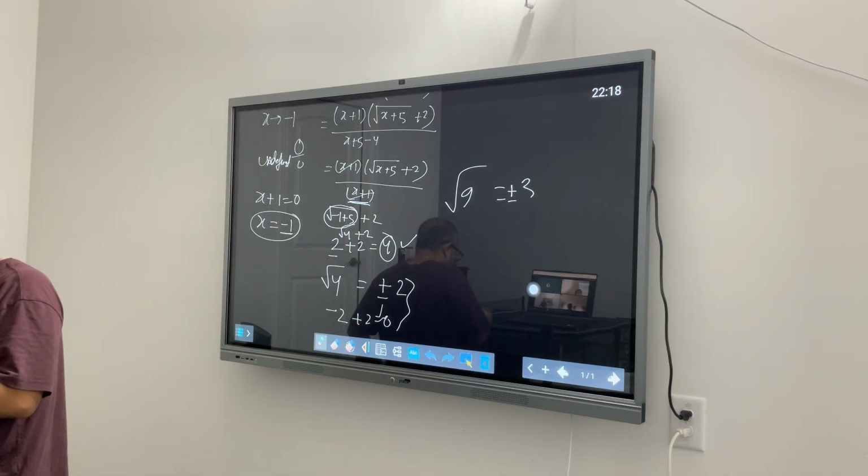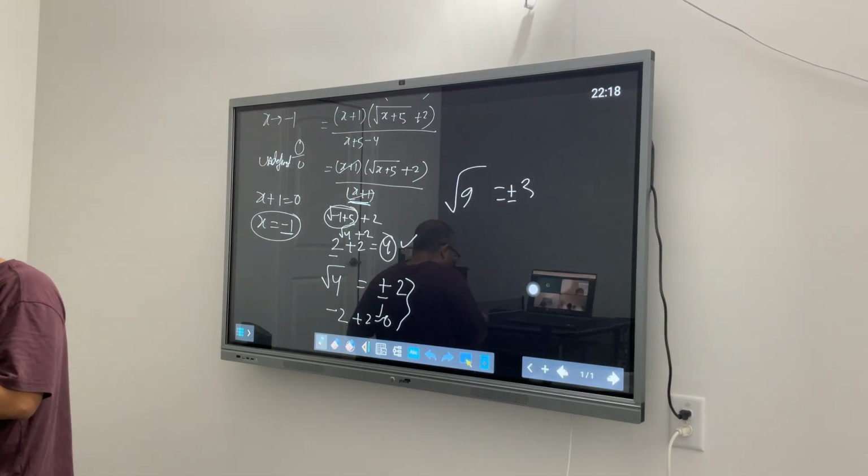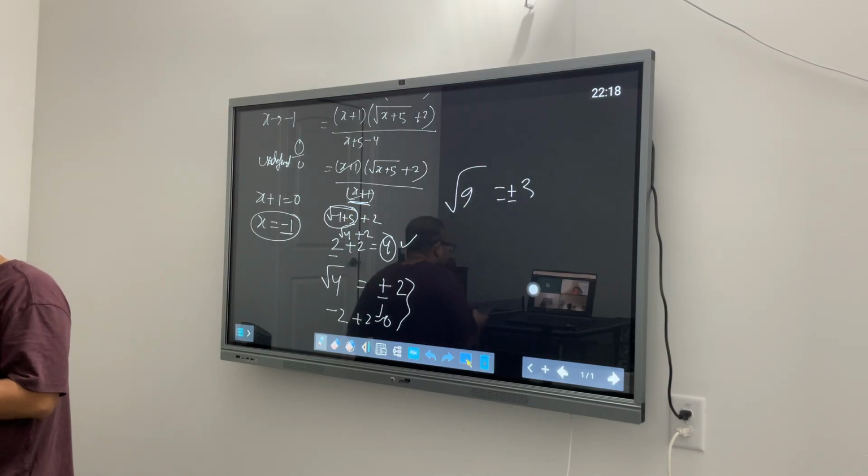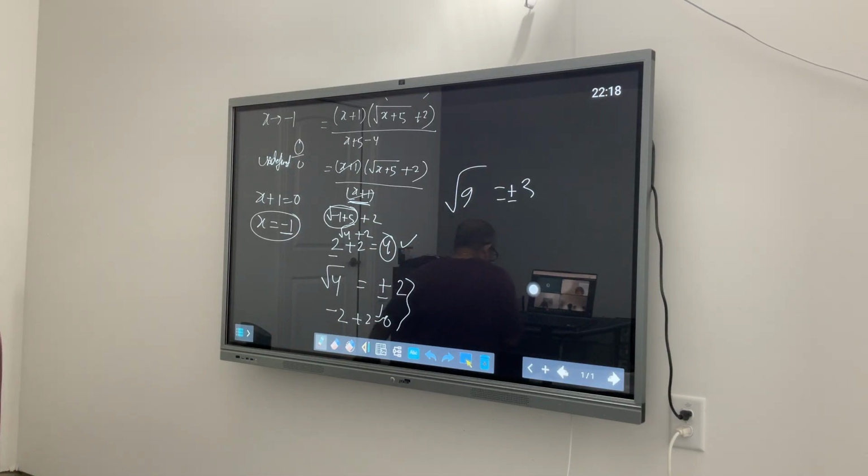So maybe 2 more classes is what we would need for getting rid of the first unit. Then differentiation would start. The basics of the definition and basic derivative rules, and all that we are doing is a preparation towards that. So bear with me for 2 or 3 classes.